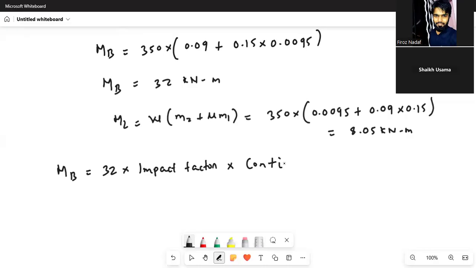The continuity factor is 0.8 here since the slab is continuous. So 32 into impact factor is 1.25 into continuity factor is 0.8.